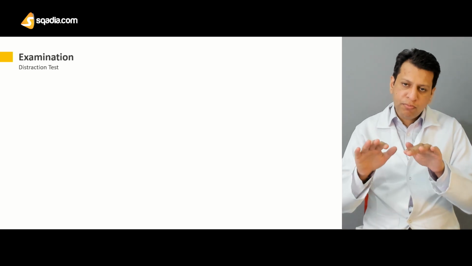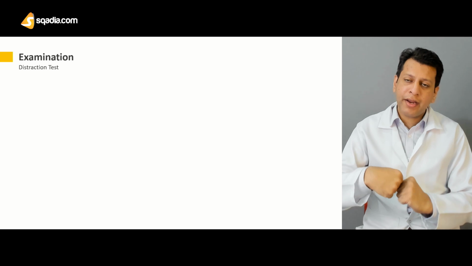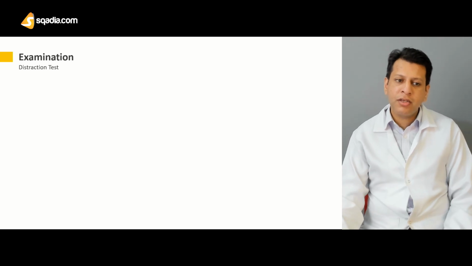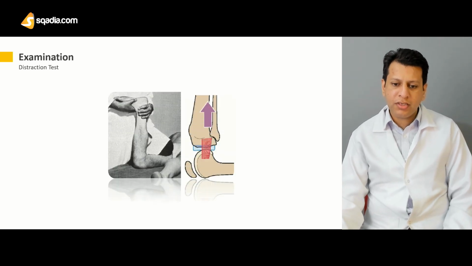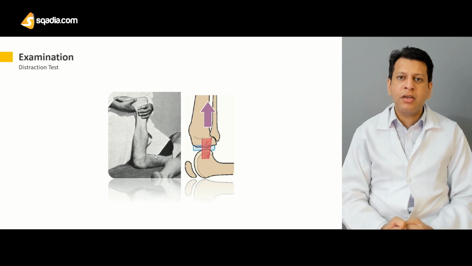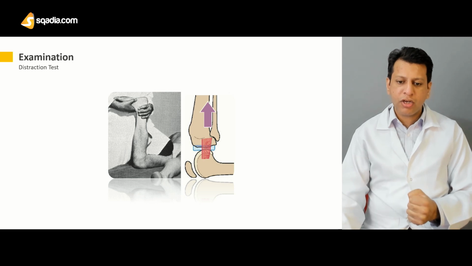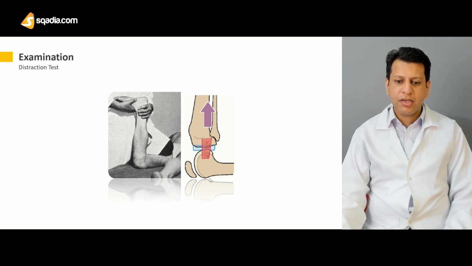Instead of the examiner pushing downwards and making sure that the meniscus grinds between the femur and the tibia, one way is called the distraction test. All those things stay the same. The patient is prone with the knee flexed, and the examiner's knee on the back of the thigh, which means now when the examiner lifts the leg of the patient, the thigh will not come off the surface, and instead of grinding it, it actually distracts it, so the ligaments become tight.